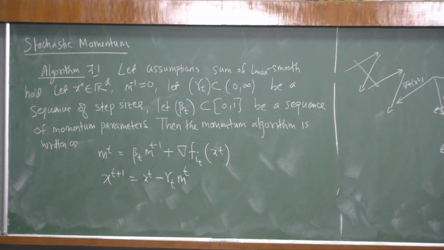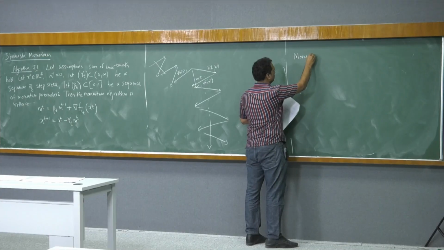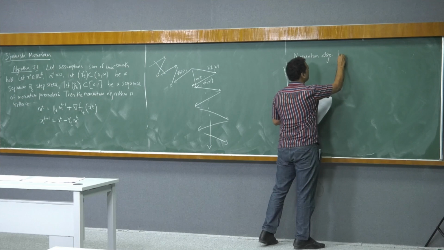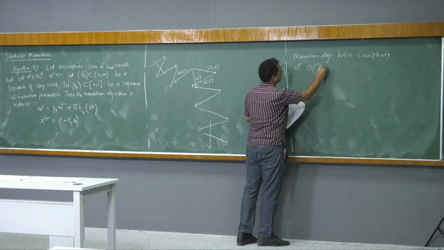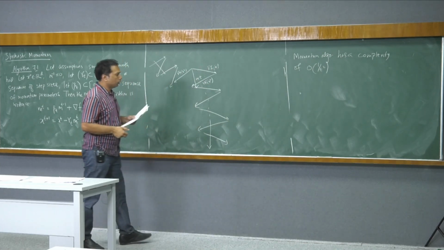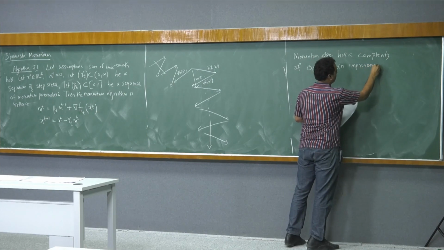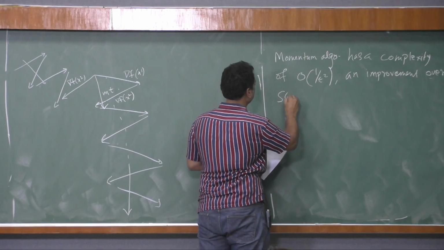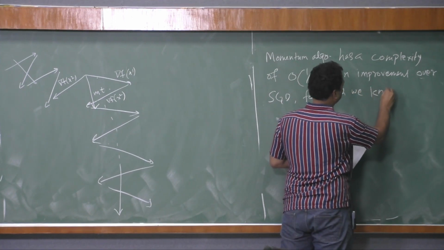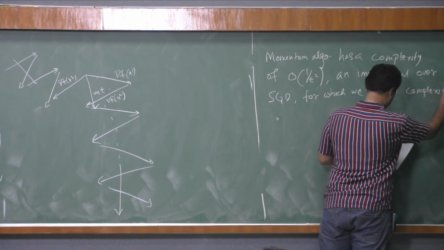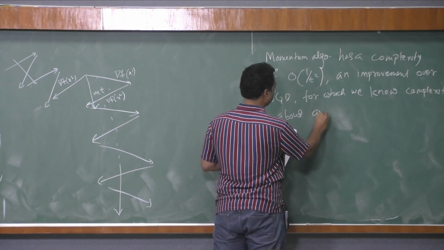So a remark on this is that if we use a momentum based method, then the momentum algorithm has a complexity of order 1 over epsilon square, and this is an improvement over SGD, for which we know complexity only about the average of the iterates.